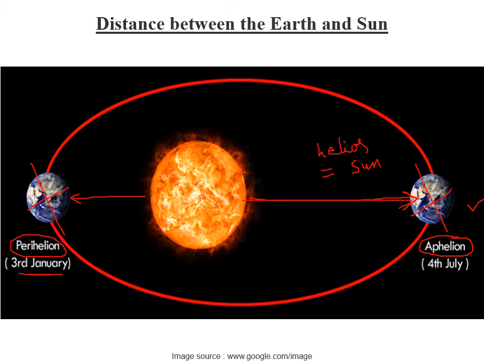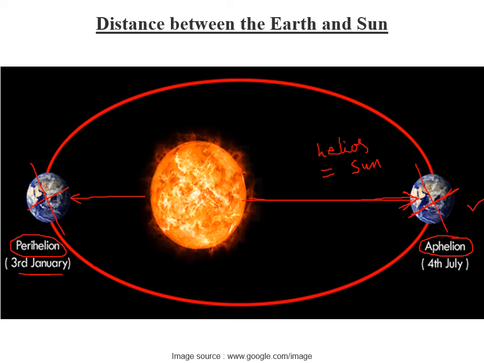In contrast, in aphelion, when there is southern hemisphere winter, the southern hemisphere receives much lower energy compared to the winter time in the northern hemisphere during perihelion position. So the amount of energy received in these two hemispheres at two different times varies because of the distance between Earth and Sun.